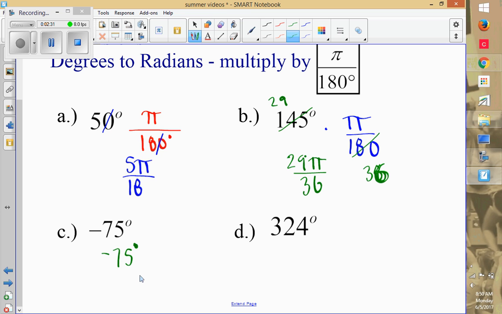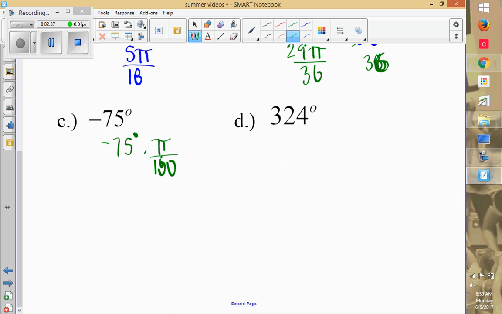So negative 75 multiplied by pi over 180, and 75 and 180 are both divisible by 15. So 75 divided by 15 is 5, and 180 divided by 15 is going to give me 12. So we're going to have negative 5 pi over 12.